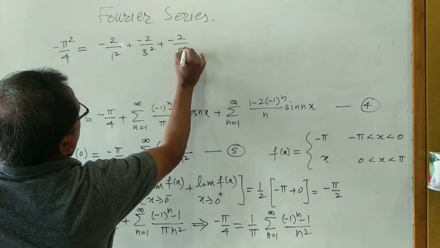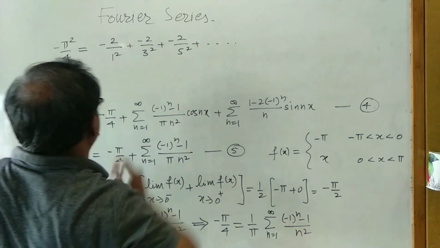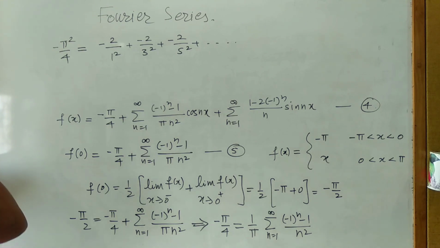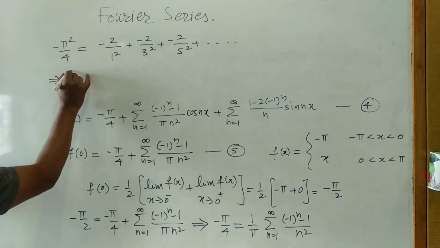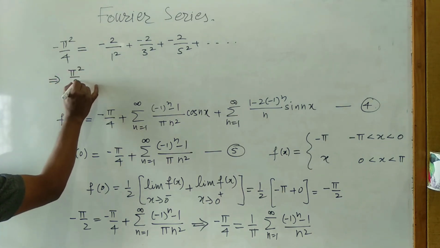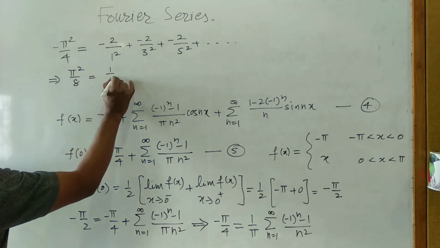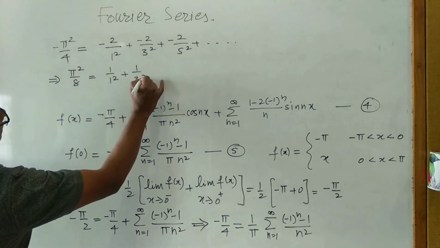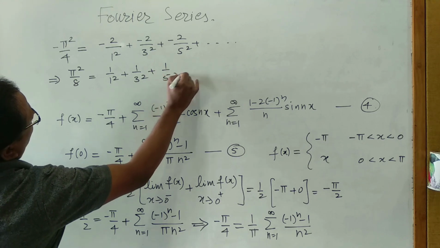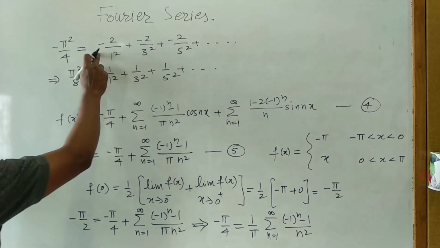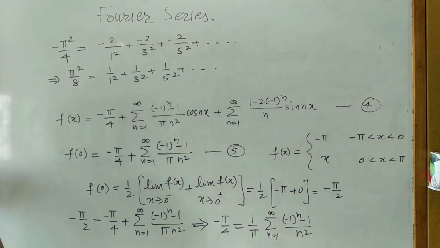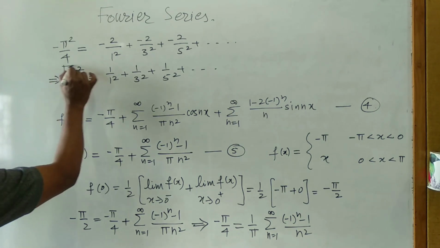You will get these terms. Simplifying this, you will find pi square by 8 equals 1 upon 1 square plus 1 upon 3 square plus 1 upon 5 square plus and so on. Taking minus 2 common from these terms and taking it to the left side, we get the required deduction.